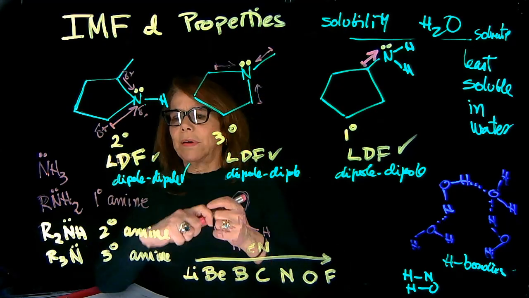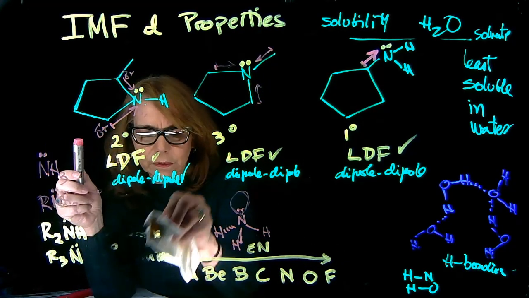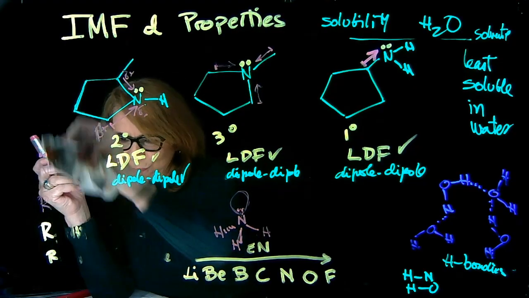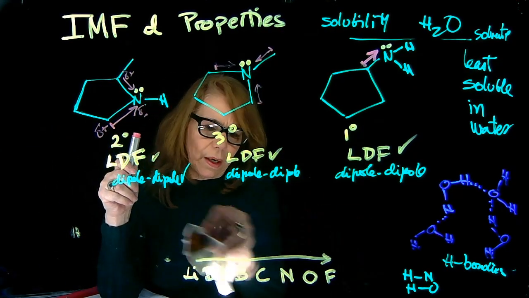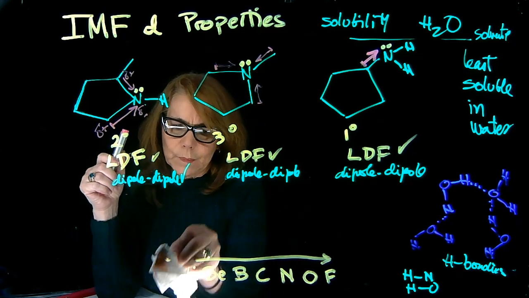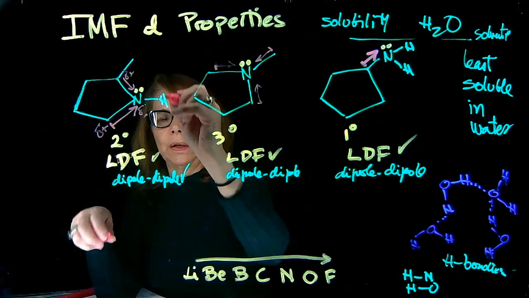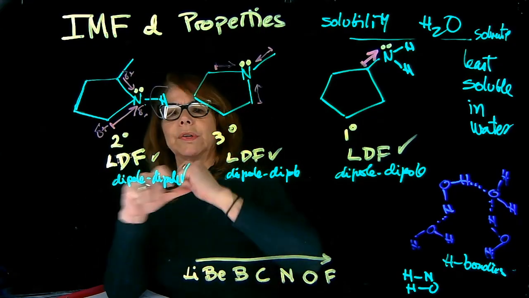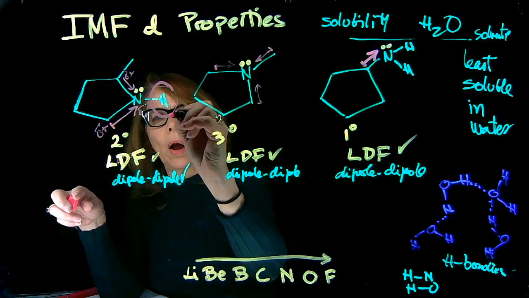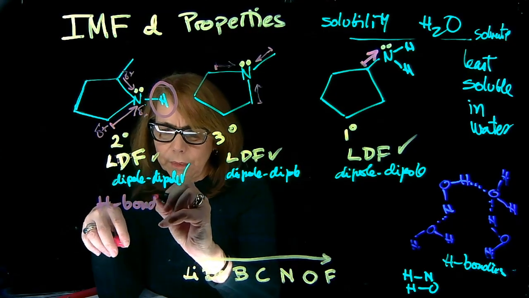I'm going to erase all that, so as not to be confused. So there is a chance of hydrogen bonding because I have a hydrogen attached to a nitrogen. I'm going to get a check mark.